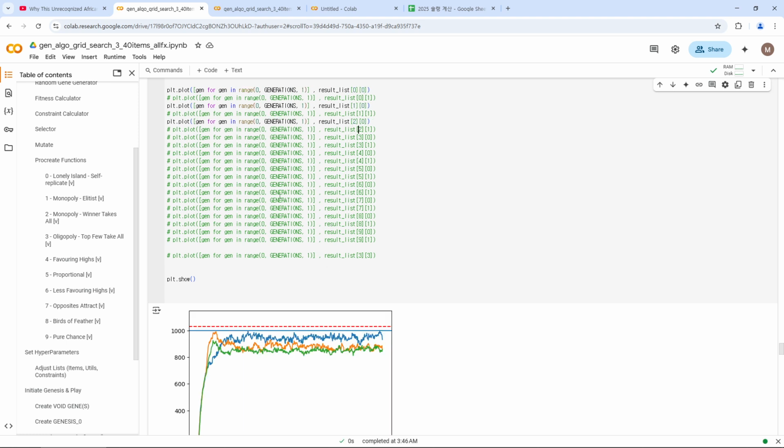Yeah, and the next one is oligopoly. The top few take all, as in only the top few, top 10%, for example, in this case, I think, get to procreate among themselves. So we put that, and I uncomment this and show the graph, and this is what I get.